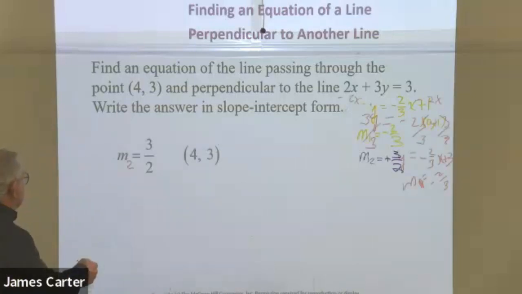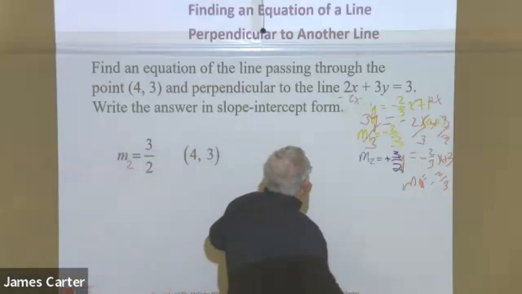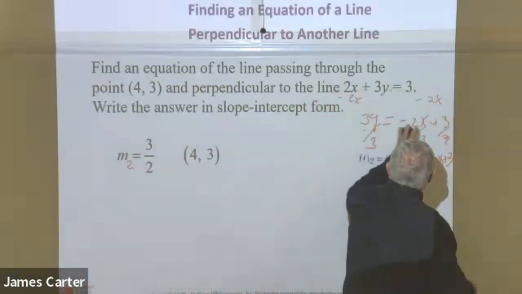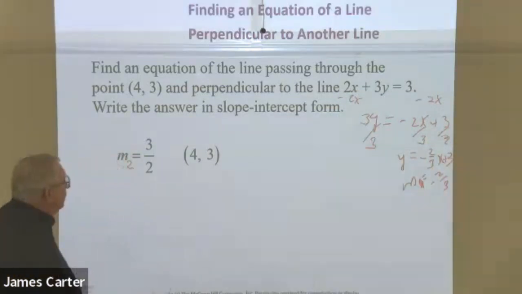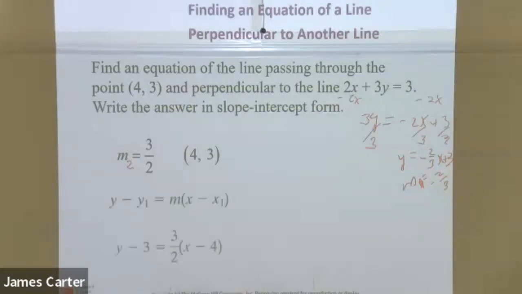Okay, so here's my new slope, slope of the second line, and here is my given point. Here's the formula, the substitution, the positive 3/2, and the values 4 and 3.